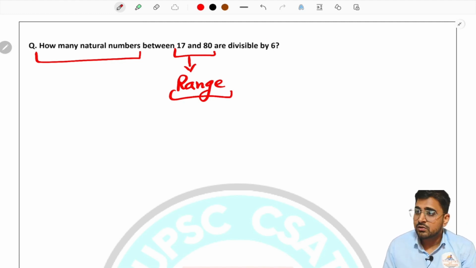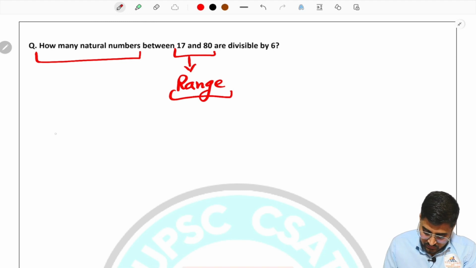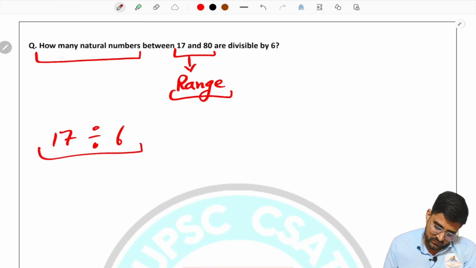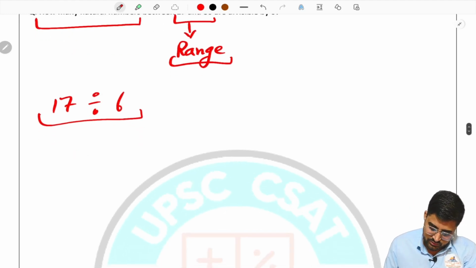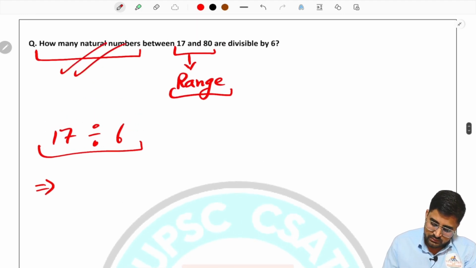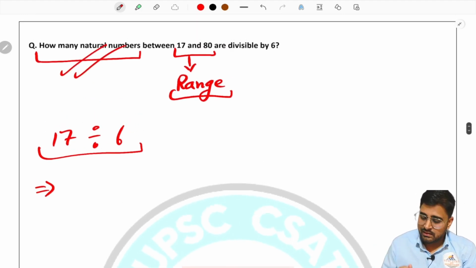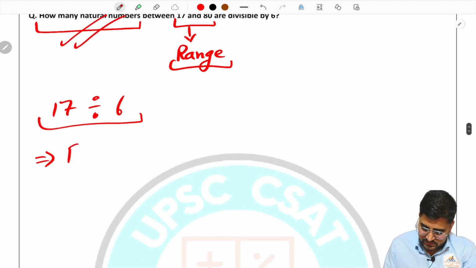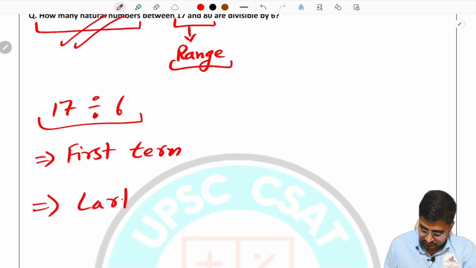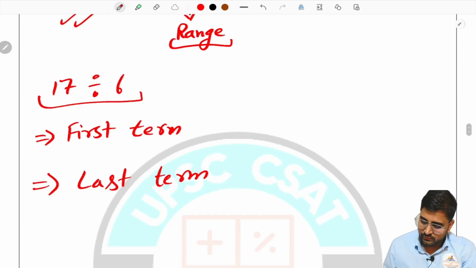Okay, my first question is, is 17 divisible by 6 or not? Why am I asking this? To find out how many natural numbers there are, we need a first term and the last term to put in the formula.